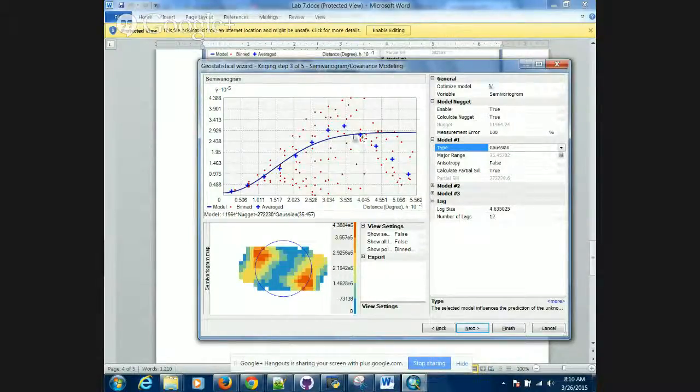We don't want to use points that are beyond this, which would be the range distance. We don't use points there to determine our weights for interpolation. And this seems to be a pretty good fit. I would personally like to see this level off a little bit earlier. I don't know if we can find one that would do that. That one actually looks pretty good.